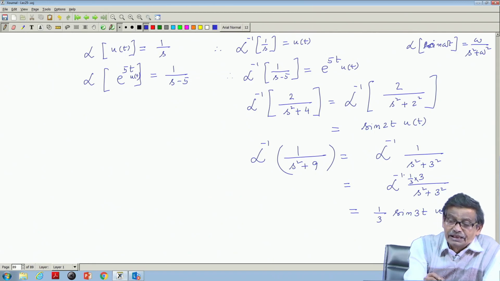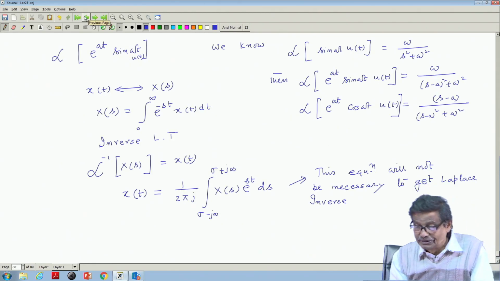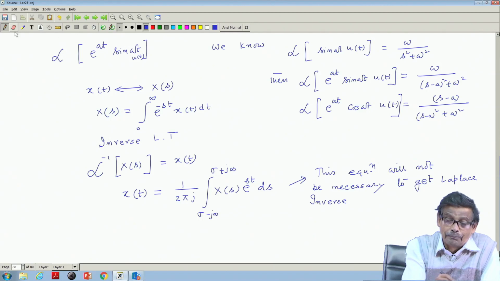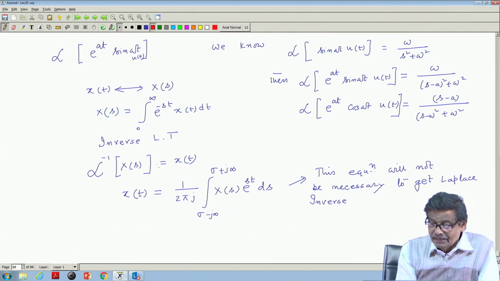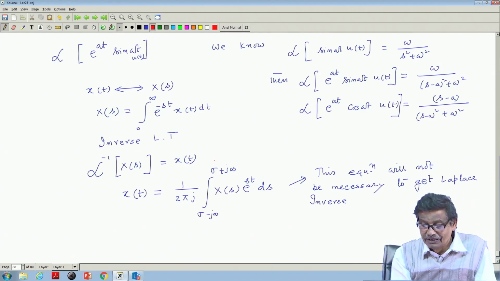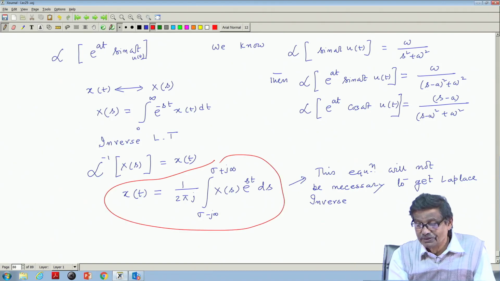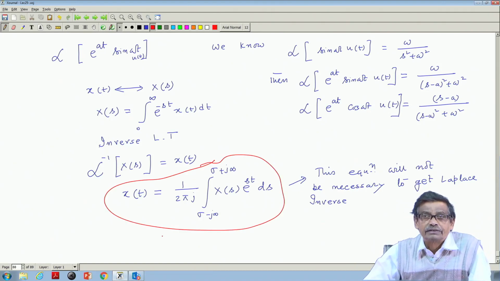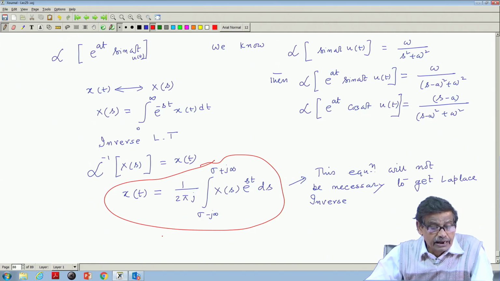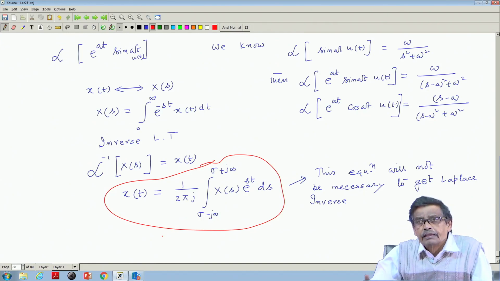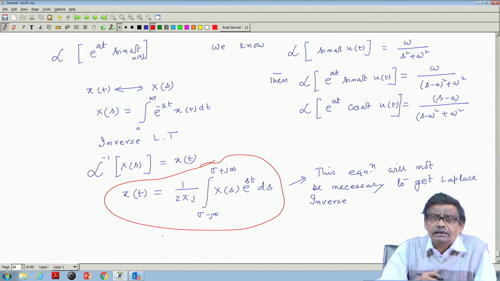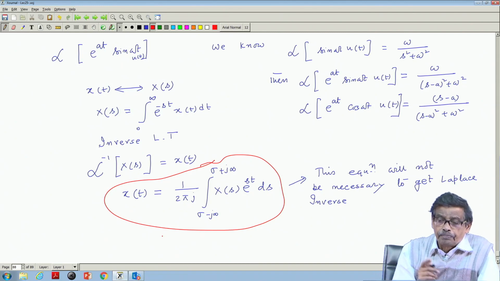So, while taking the inverse, we are not going to use this so called complex equation. Then all the advantages go away every time you take the inverse of this complex equation. So, beforehand we make some table and our input signals, after knowing several properties of Laplace transform, can be easily found out.